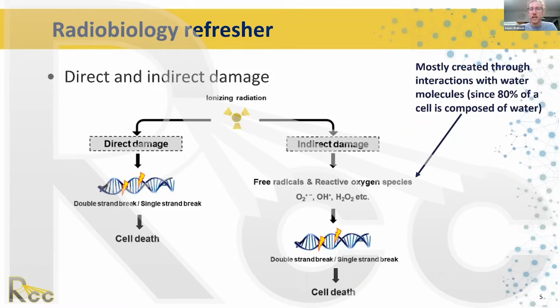Those ionized, energetic electrons can have direct contact with the DNA in the nucleus of a cell, and it could break one of the bonds. If you've got enough radiation and enough energized electrons coming through, you could have a double-strand break. That means the 2 strands of the DNA are broken at approximately the same level.